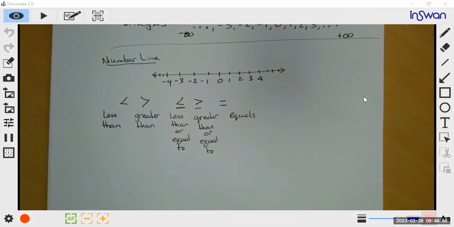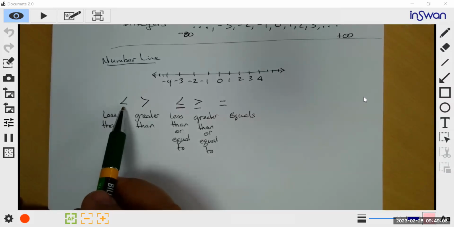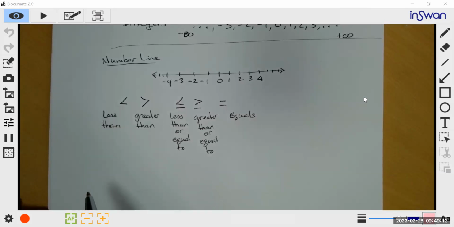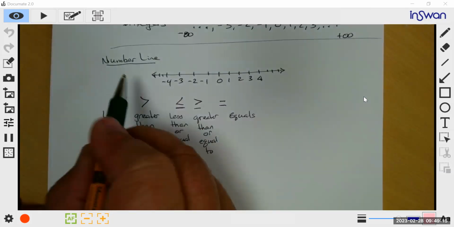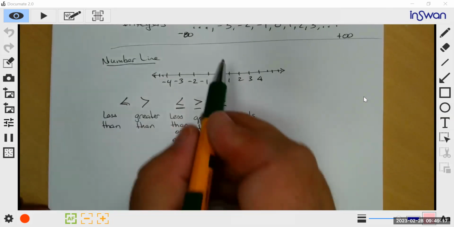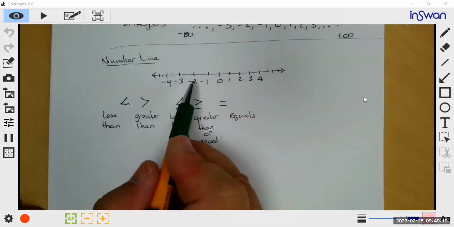No matter who you ask, if they remember how to read these, they'll have a different way of determining what number is bigger or smaller than another. How do you know this is less than? Okay, yeah, that's a good one. It looks like a left arrow. It's pointing to the left, which is the smaller numbers.